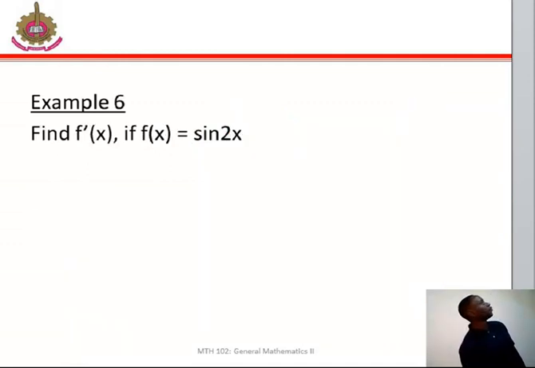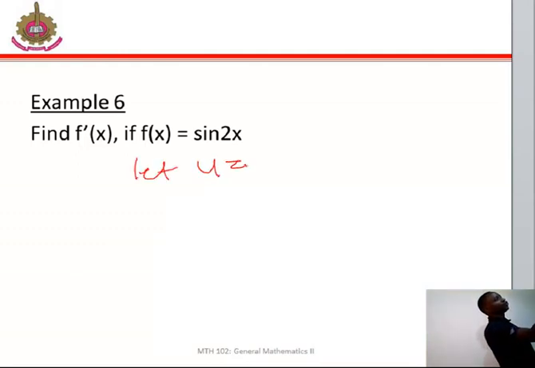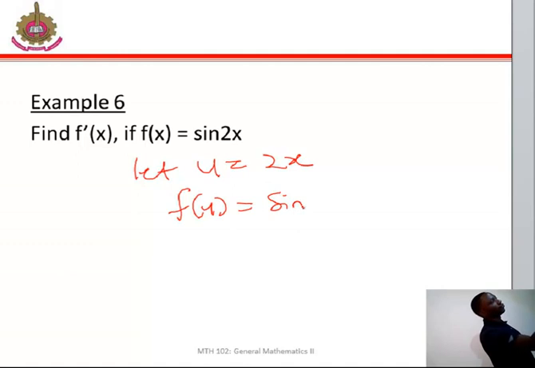Now another example is for sine 2x. Find f prime, that is derivative of x, if f of x equals sine 2x. In order to solve this also is a very simple procedure. Say let u equals 2x. Then our f of u is going to be sine u.